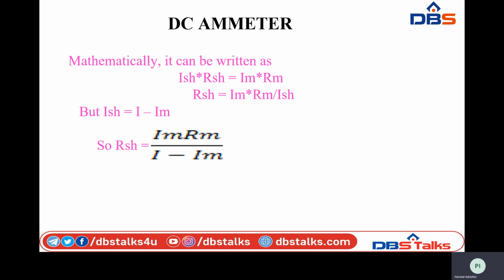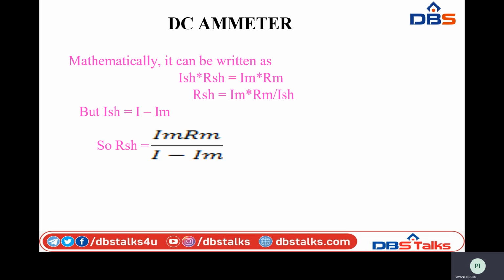By using this formula, RSH equals Im into Rm by ISH. Here Im is the full scale deflection current of the PMMC galvanometer, Rm is the internal resistance of the PMMC galvanometer, and ISH is the current which is flowing through the shunt.